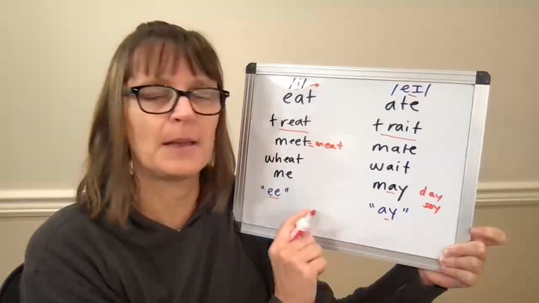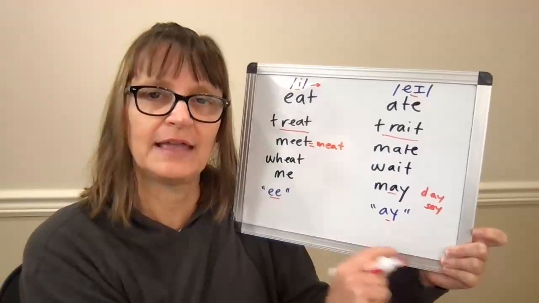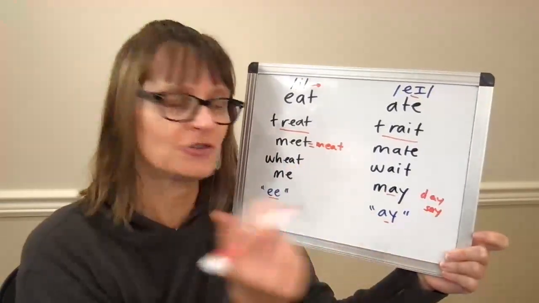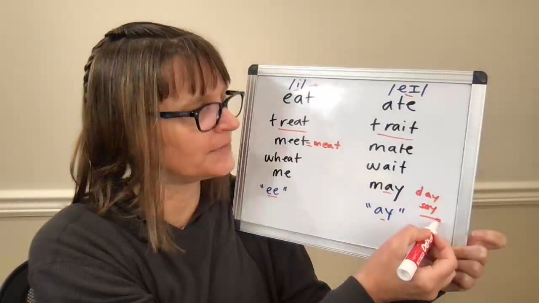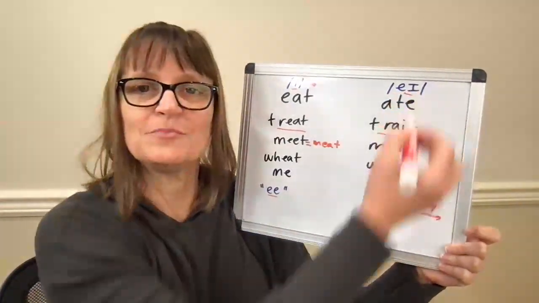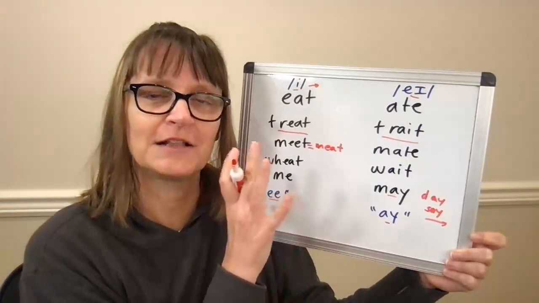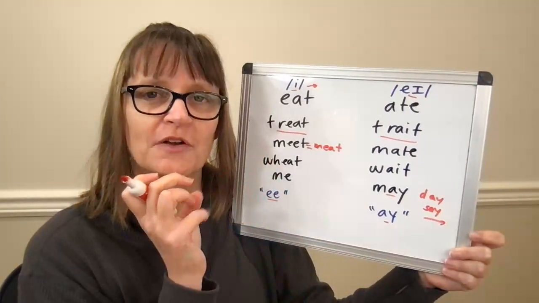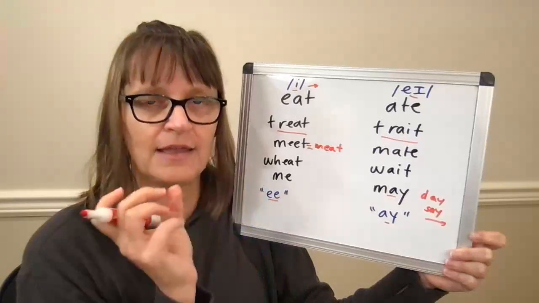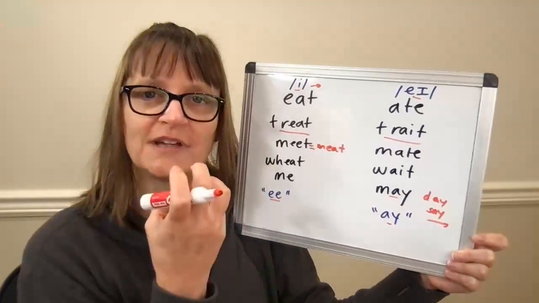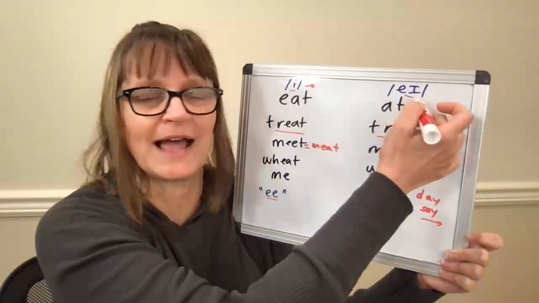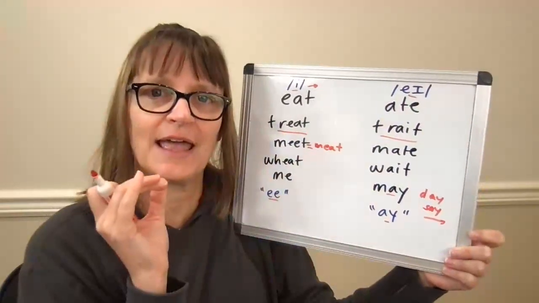So if I'm saying may, say, I naturally hold that vowel longer. You can see there's two symbols for this vowel sound. It's because it's a diphthong. It means it glides from one position to another. It is one sound, A, but I'm moving from a more tense into a more relaxed position.